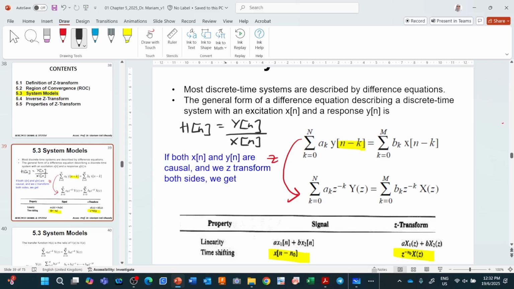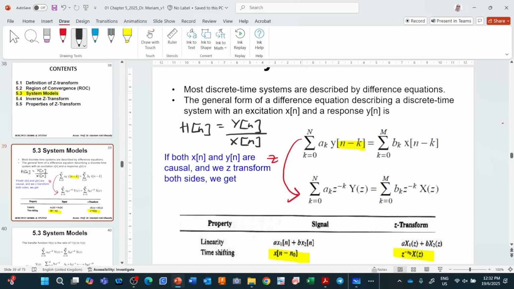So if you write it out, you can write it as a summation of y values equal to a summation of x values. And when you write it in terms of the Z transform, then basically you are going to convert the discrete time domain into the Z domain using the Z transform.